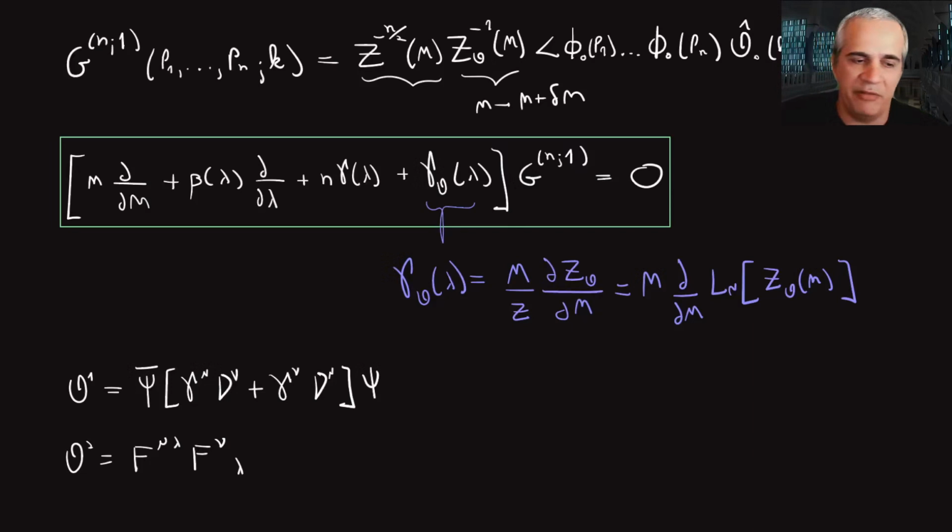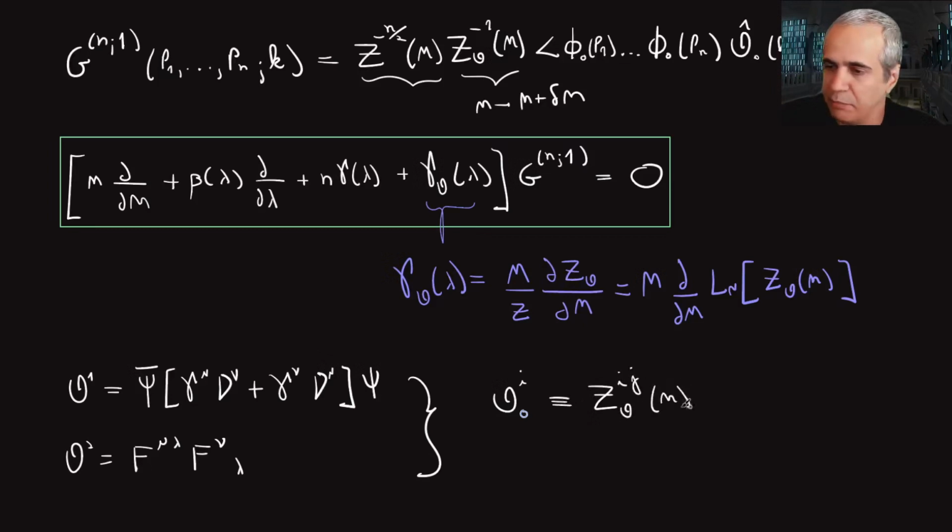In that case, you have to be more careful and define something that looks like this. You define the bare operator, with some index i, to be given by a Z, which is now a matrix that mixes these two operators like that. So even if you start with two separate bare operators, as you run, one will contribute to the other.